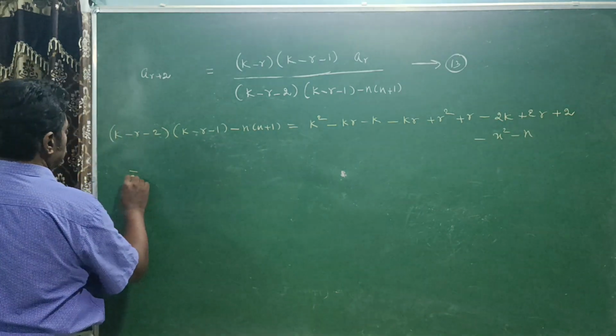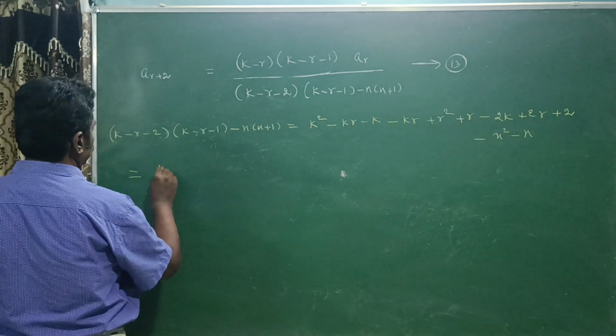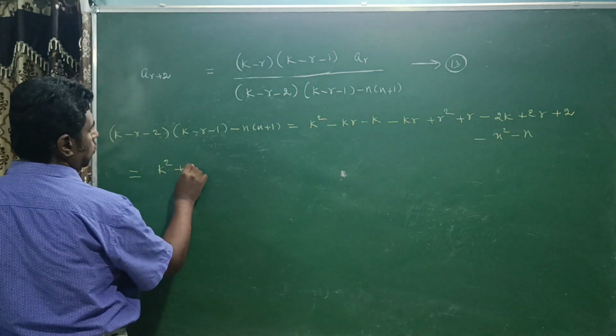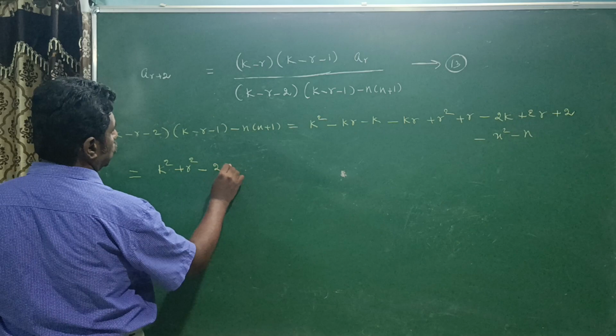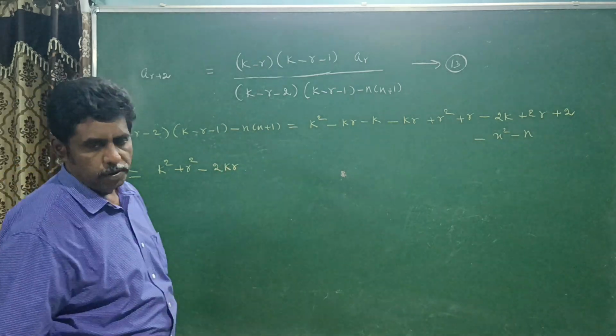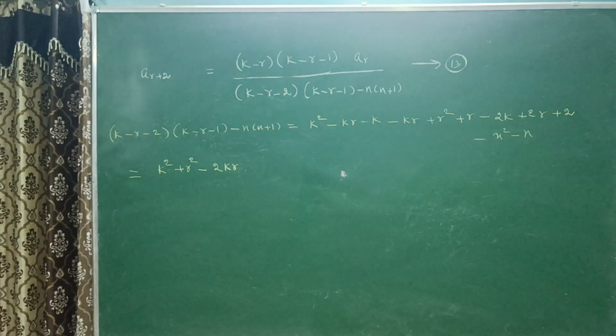This is equal to k square plus r square minus 2kr. Just we have combined the terms.